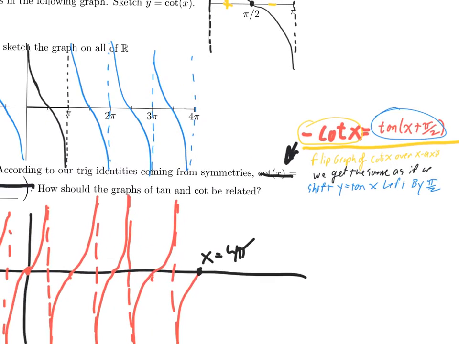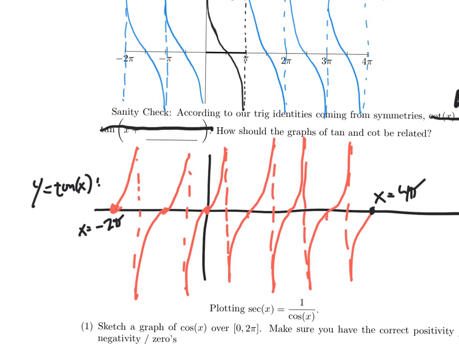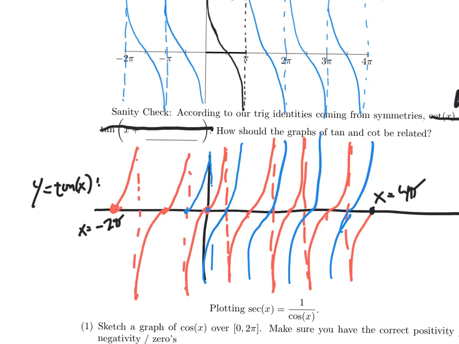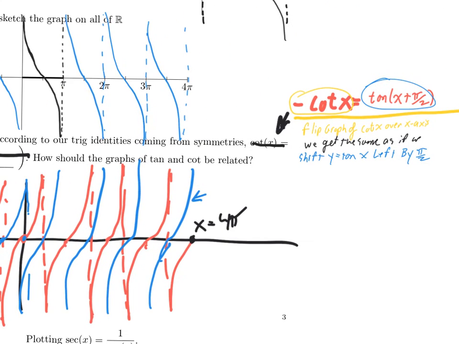So I guess let's do that. Let's take this red graph and shift it left by pi over 2. So this point at 0, 0 will go there. So this is the graph of tangent of x plus pi over 2.